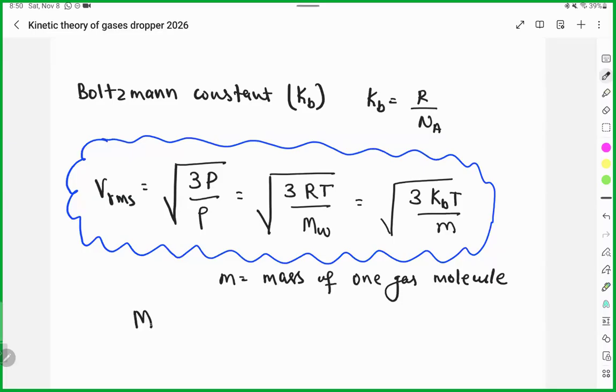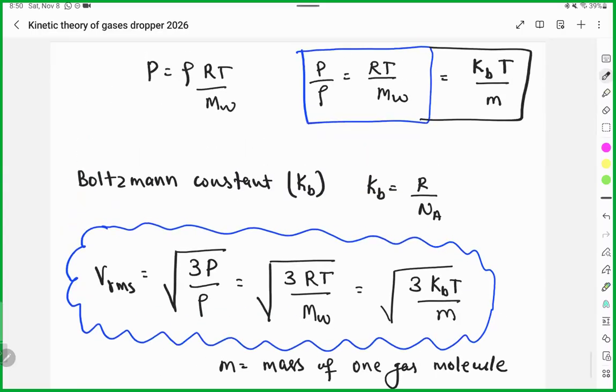Because this molecular weight is equal to mass of one gas molecule multiplied by number of molecules. So you can write it like this. R is same. Instead of MW, you are writing m and N_A. And you know K_B is equal to R by N_A, also equal to K_B T by m.